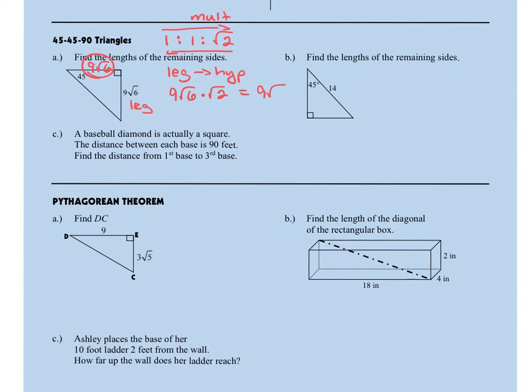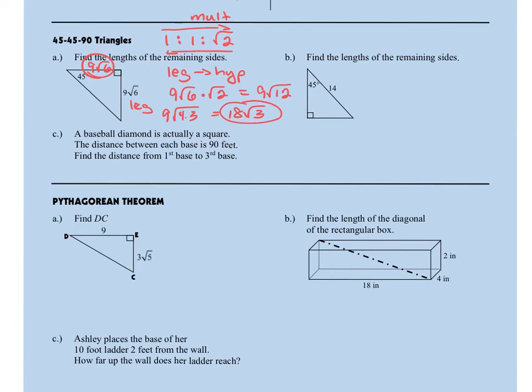That's going to give us a 9 radical 12. And of course, we need to simplify that 9 radical 12. And this one I am going to go ahead and write out for you. Remember, 12 is going to be 4 times 3, so a 2 pops to the outside. So our hypotenuse is going to become an 18 radical 3.